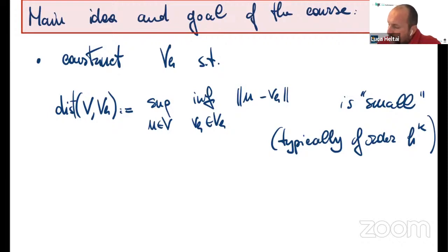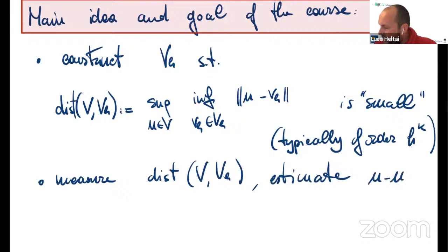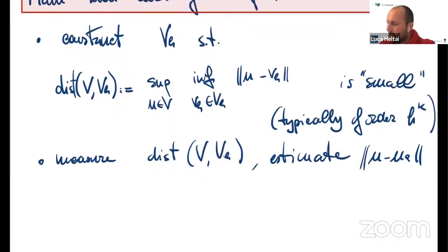And so the main idea is to construct the V_h such that this is small, to measure the distance between V and V_h, and to estimate u minus u_h in norm. So those are the two things that are the most important.